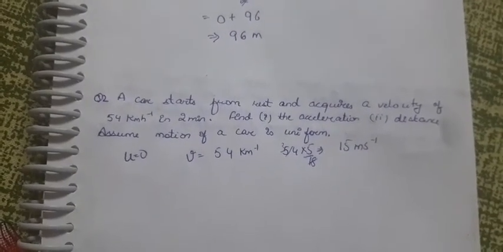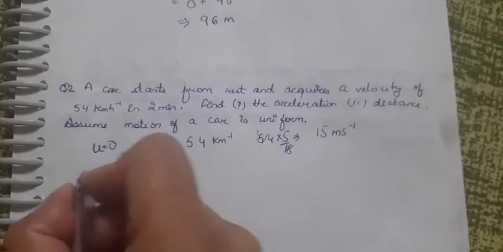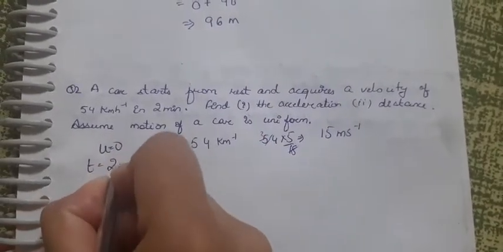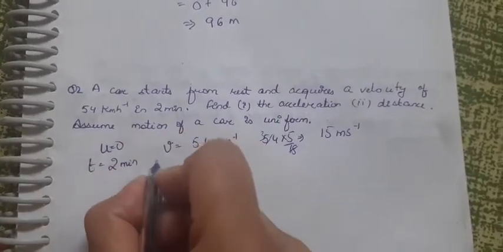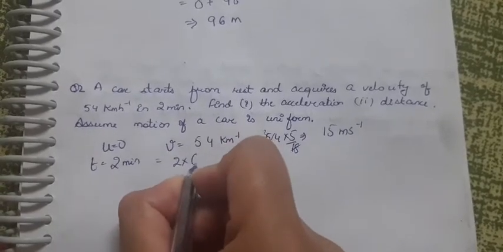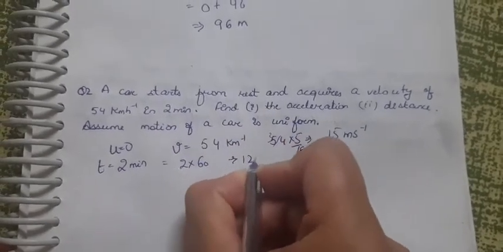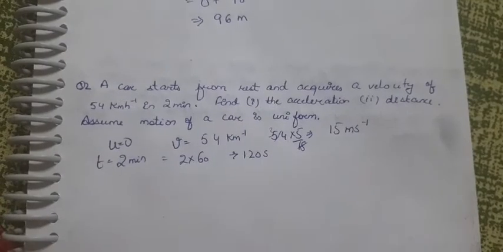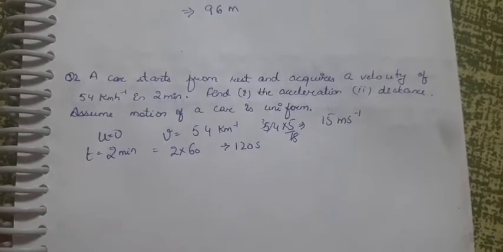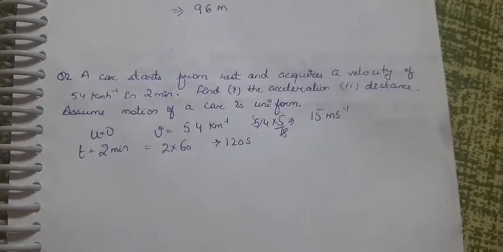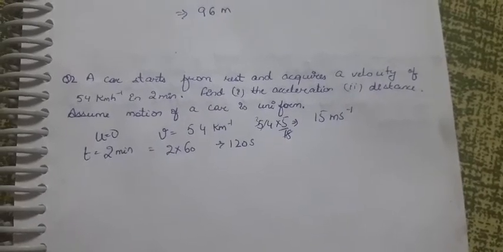Okay, and we have given time 2 minutes. So 2 minutes into seconds, 2 into 60, it means 120 seconds time. And we need to find acceleration and distance. Assume the motion of the car is uniform.